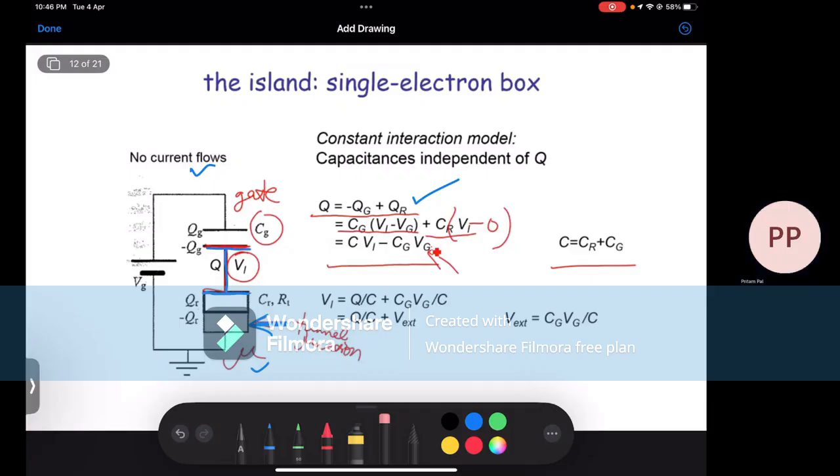Now what does this mean if we introduce Vi?